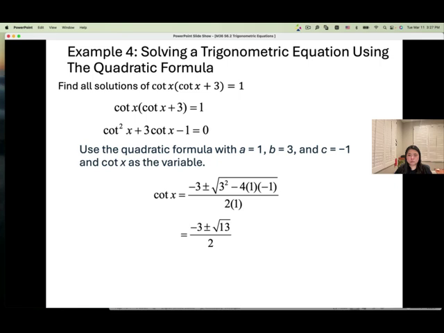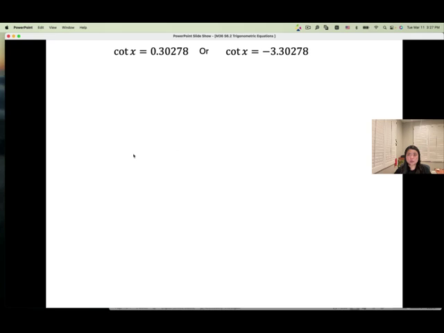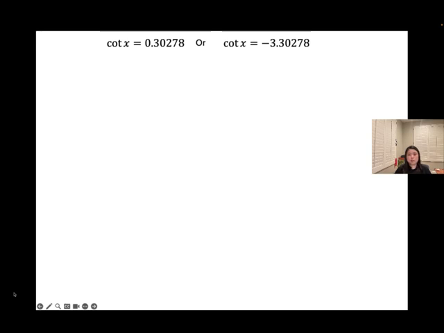Okay, you should get these two answers. Okay, keep going. So now I do have cotangent x equal to positive 0.3278. And then we have another one, negative. First, take care of this guy.